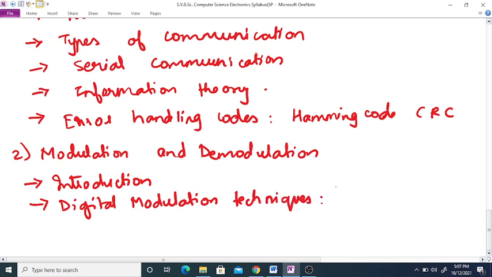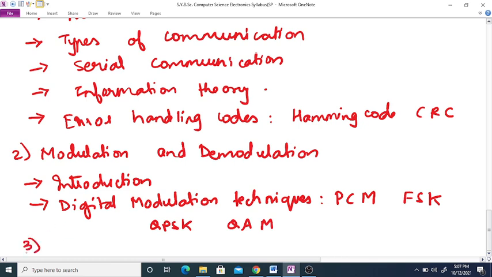Now in this again we have different types of modulation techniques, that is PCM, pulse code modulation, then FSK, frequency shift keying, QPSK, that is quadrature phase shift keying, and QAM, that is quadrature amplitude modulation.